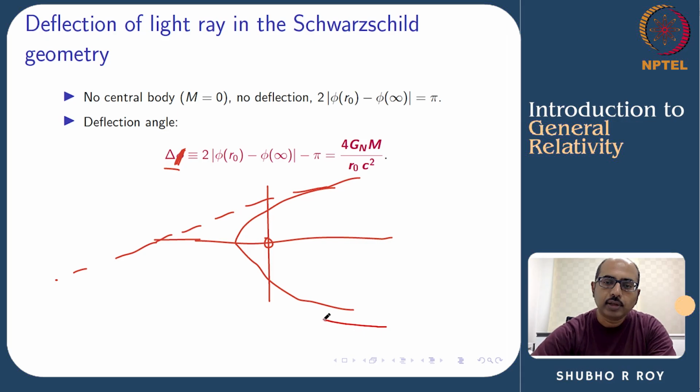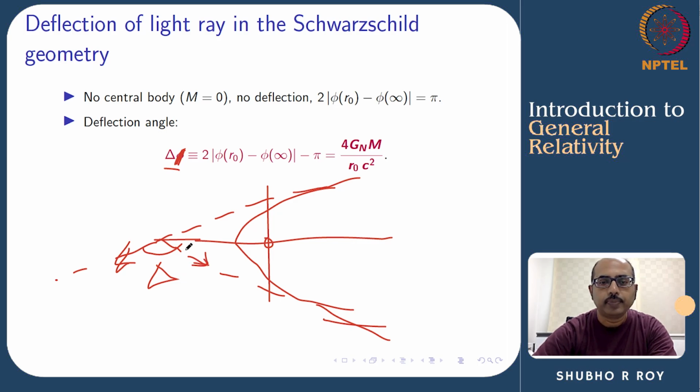Let me draw the tangent at infinity here. This would have been the original trajectory, the original direction of motion. Now it has been turned around to this. So this angle is delta, the deviation from the original to the actual direction.